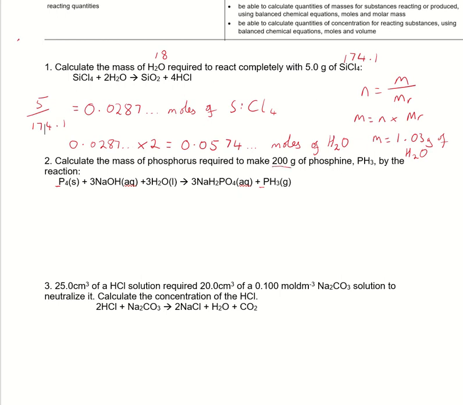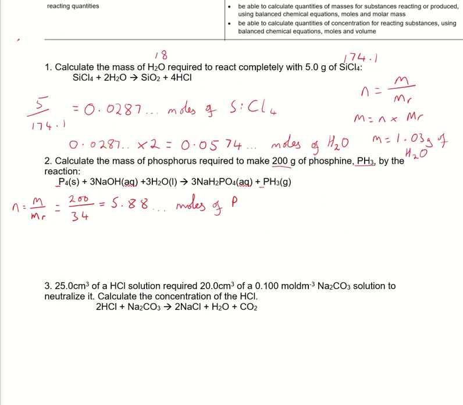Let's see what we've got. 200 grams of phosphine. So moles, mass over Mr. So I want 200 grams of phosphine, 31 plus 3 for that, 34. 200 divided by 34, 5.88 on the calculator.